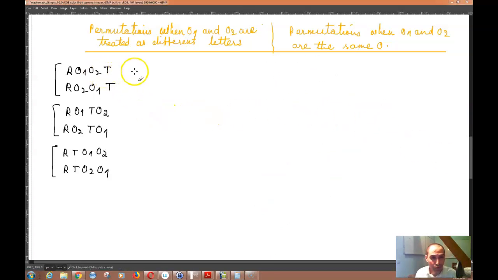The first time I started with the R. The second time I'm going to start with T, for example. So that means that when you start with T, then after T you have 3 choices: R, O1, and O2.